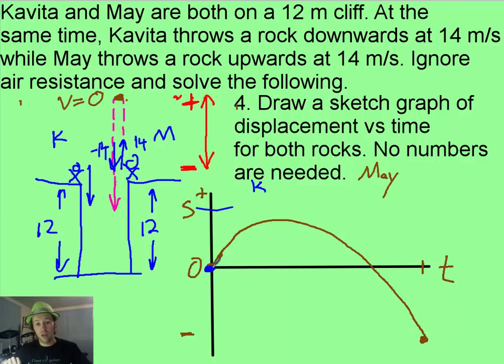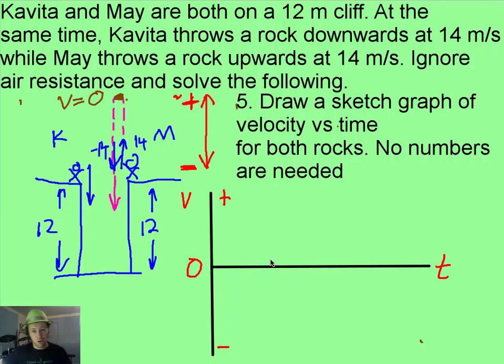Hers starts at the origin as well, at that height on the origin, and it never goes into the positive. It only goes into the negative, and so it's going to have the same initial velocity or slope that May's does. So it goes whoop. Now you may not think of this as a parabola, but it is a part of a parabola, same shape.